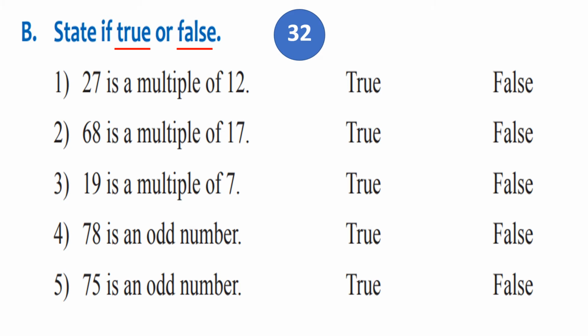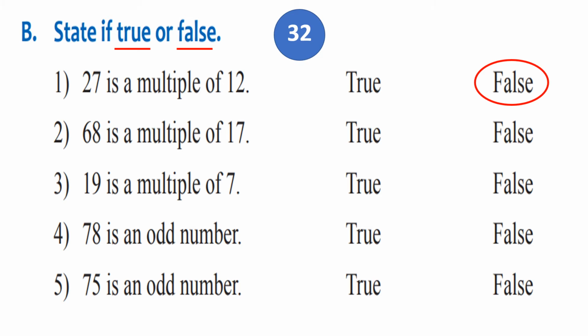If you divide 27 by 12, you cannot divide it exactly. That's why the answer here is false. Number 2, 68 is a multiple of 17.